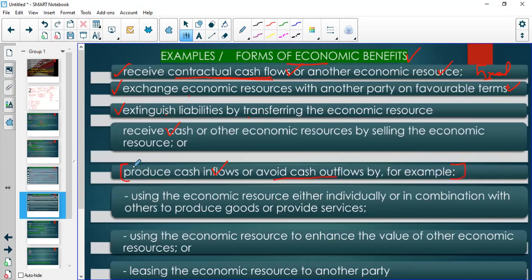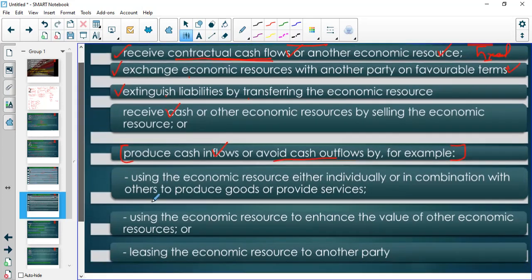All right. And that can happen if you use the resource individually or in combination with other goods or services that we have, or we could use the resource to enhance the value of other economic resources, or we can sell the resource or whatever it is.